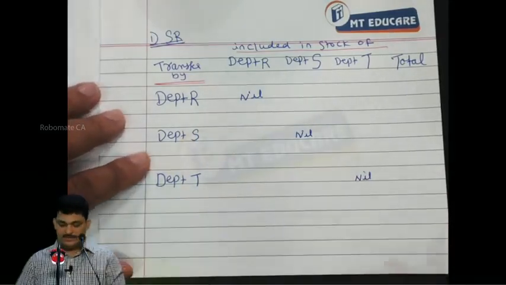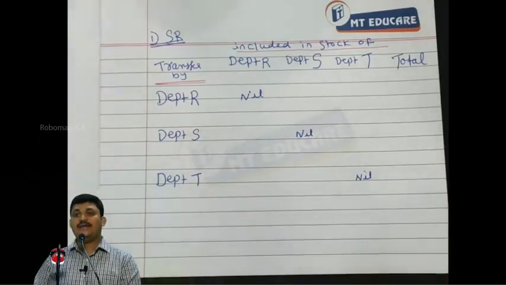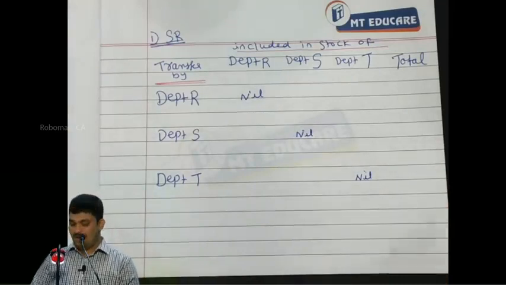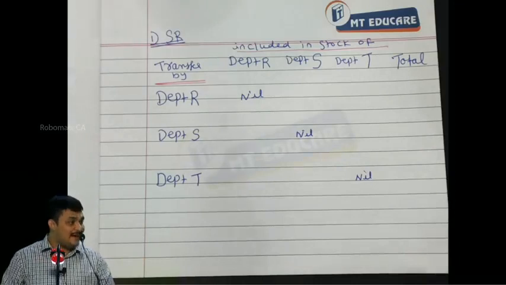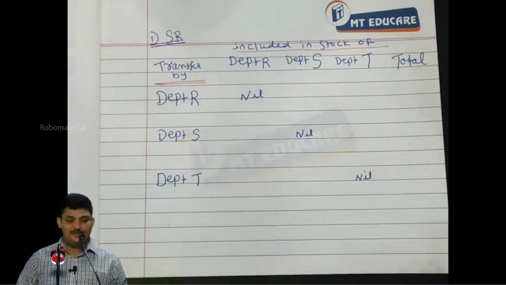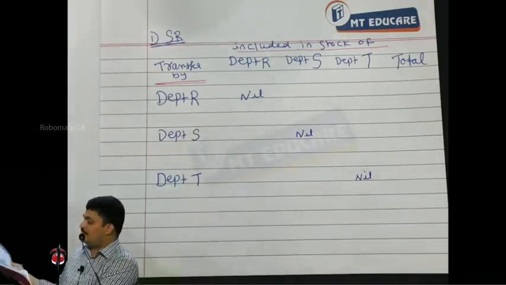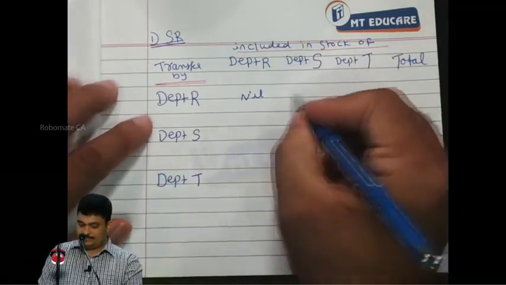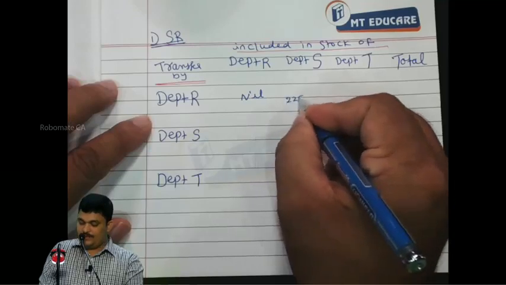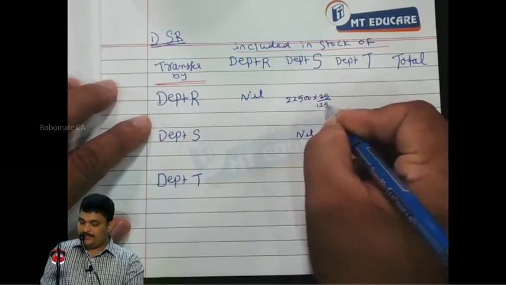Now let us take R to S. How much? 22,500. Identify the margin of R to S. 25% on cost. 25 by 100 on cost equal to 25 by 125 on sales. So thereby 22,500 into 25 by 125.